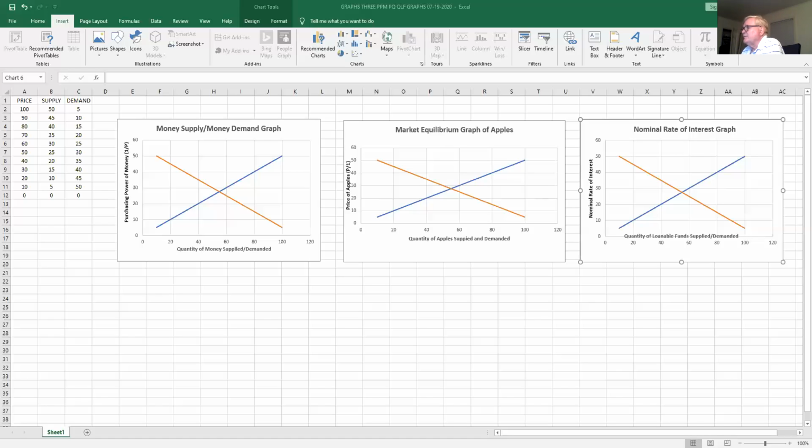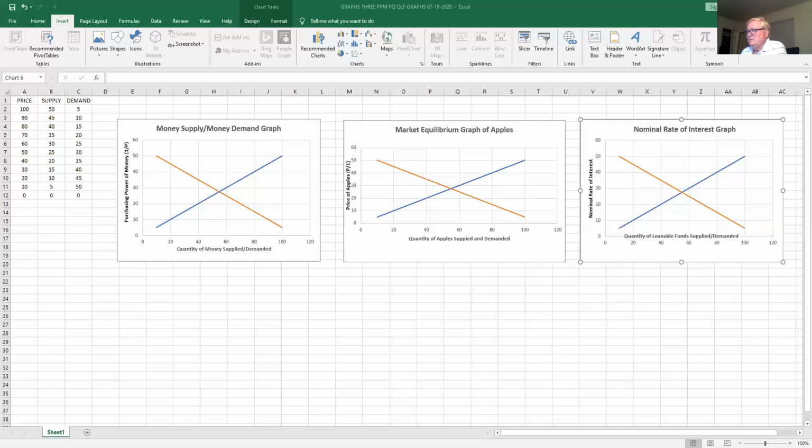We want to take a perpendicular line segment from point M2 on the horizontal axis up to the curve that we are unconcerned with. So we're concerned in the money supply, money demand graph with the demand for money. So we take a perpendicular line segment up to the positively sloped money supply curve. And the intersection point we'll label point 2.